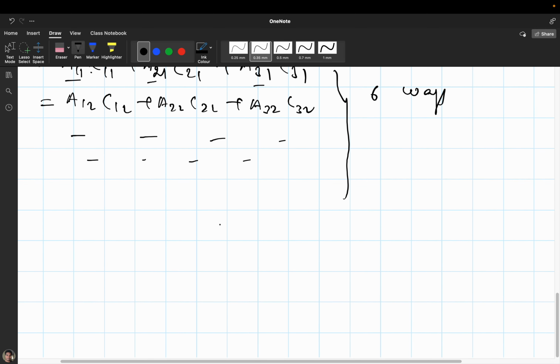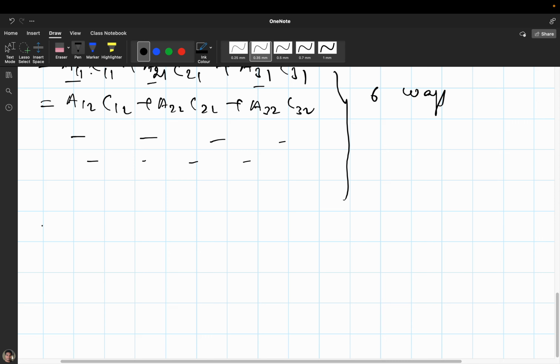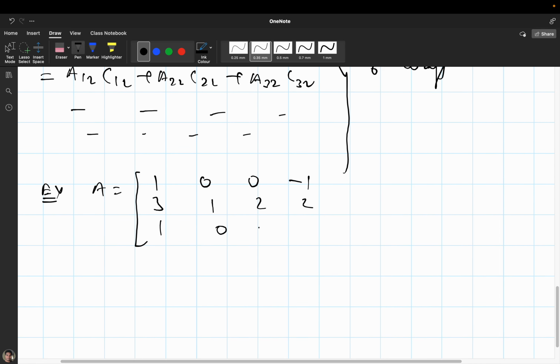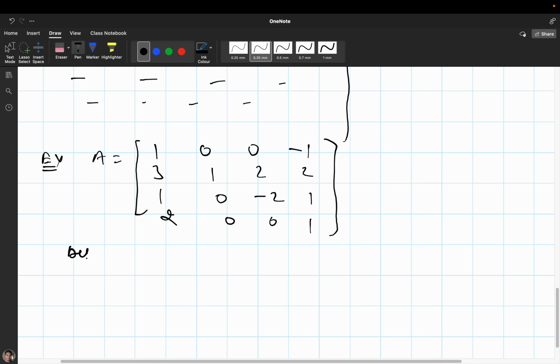Now suppose I want to calculate the determinant of this matrix: 1 0 0 minus 1, 3 1 2 2, 1 0 minus 2 1, 2 0 0 1. Now I want to determine what the determinant of A is.